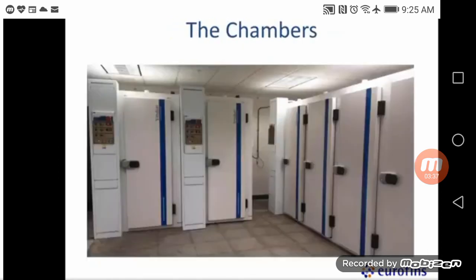Now, when we store our products, we're going to put them in what we have here at Eurofins, state-of-the-art environmental chambers. And what these chambers are able to do is regulate temperature and humidity at a very static rate. So we see almost no change in the day-to-day temperature and humidity.